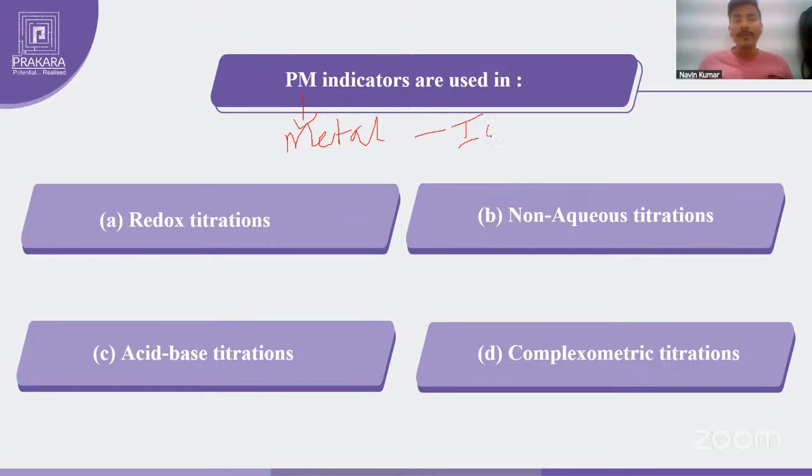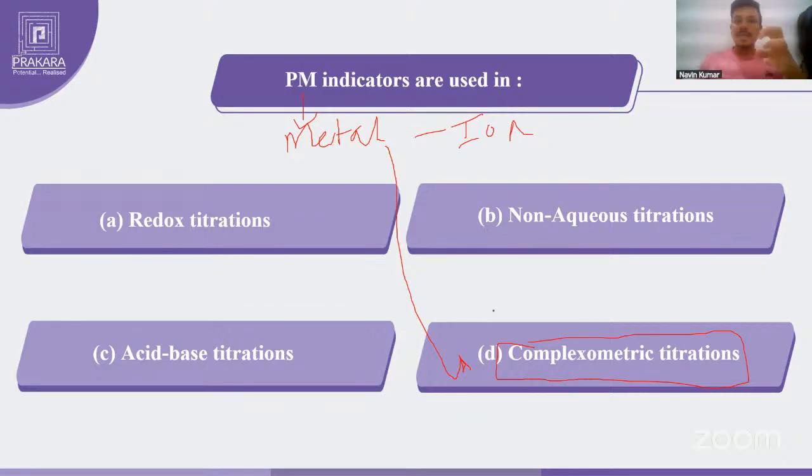So when we talk about the metal ion indicator, just remember, metal ion indicator is used in complexometric titration. Just simple. What is this complexometric titration? You might be aware that complexometric titration is a kind of titration in which we detect the metal by titrating it with the help of a ligand.